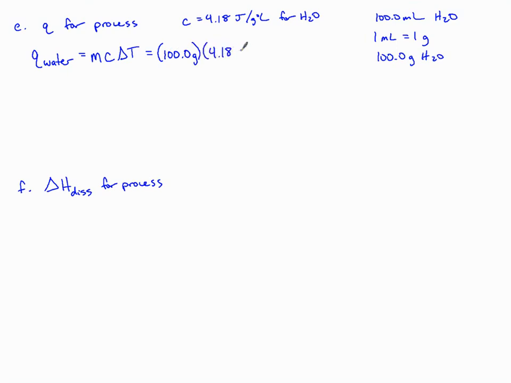So that is my mass of the water, 100 grams. Our specific heat is 4.18 joules per gram degree Celsius. And the delta T, go ahead and erase this. The delta T is the final temperature, 51.6 degrees Celsius, minus the initial temperature, 25.0 degrees Celsius.